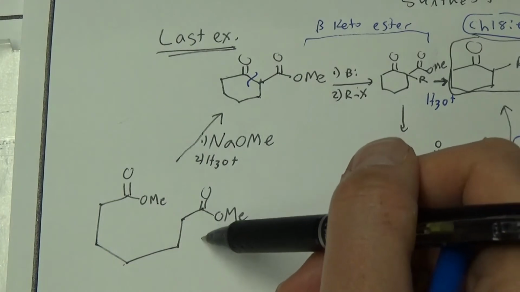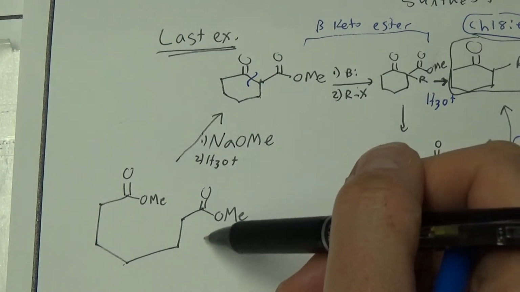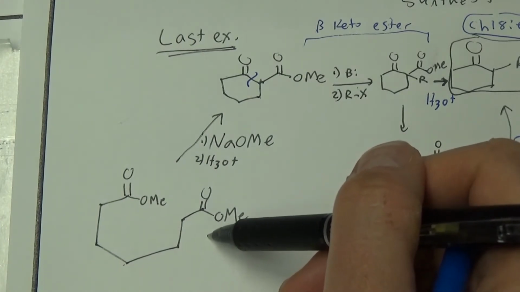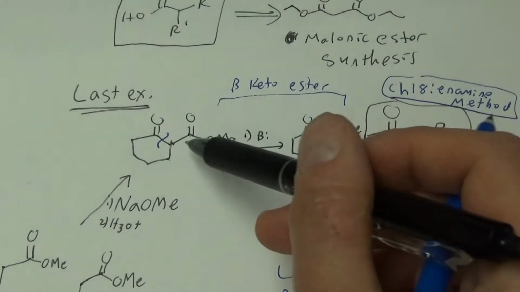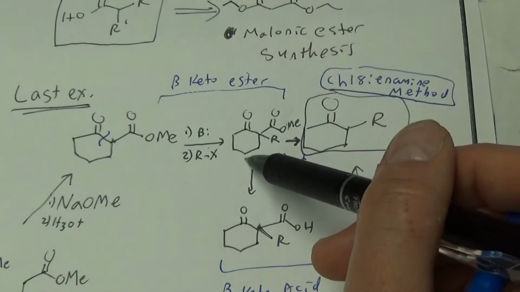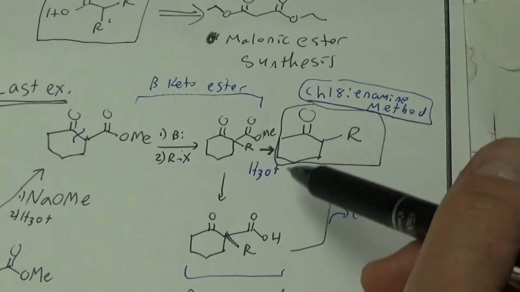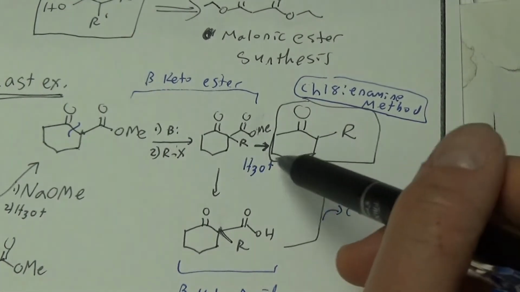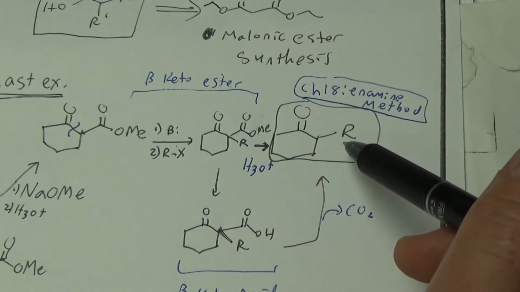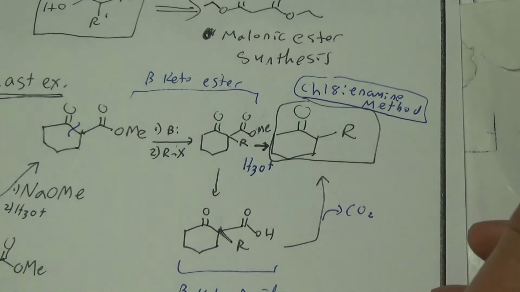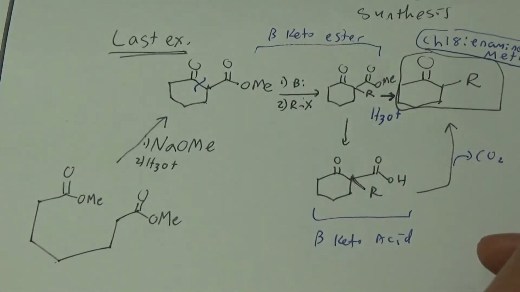We could do a Claisen on this dimethyl ester to make a beta keto ester, attach something at the alpha position, and then do the same kind of decarboxylation business to make a substituted cyclohexanone, right? Anything else to say about that?